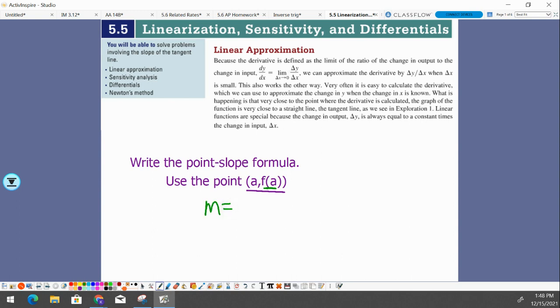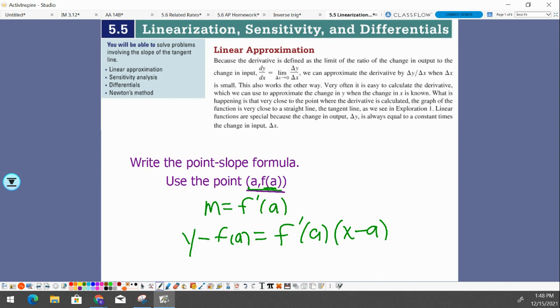The slope is just the derivative. So let's call that F prime at A. Then here's your point, here's your slope. So we take Y minus the Y coordinate, F of A, equals the slope, or the derivative F prime of A, times X minus the X coordinate.